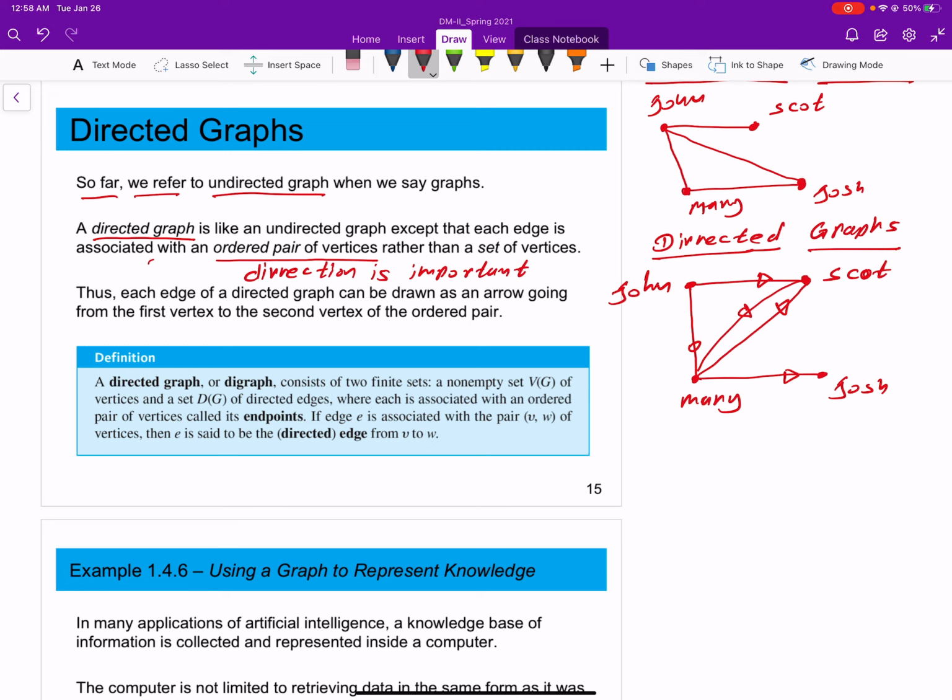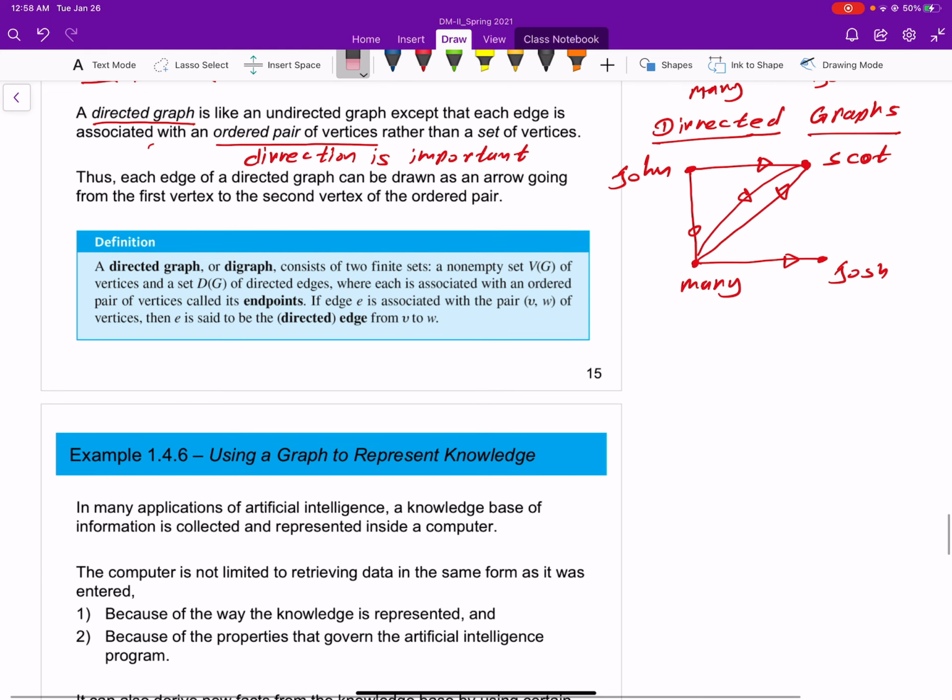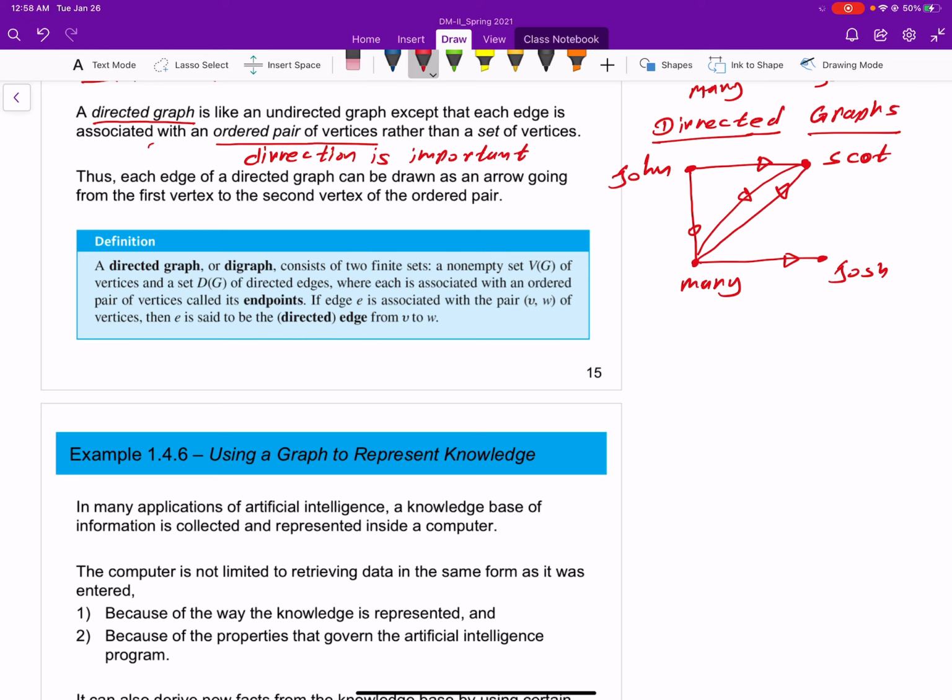Thus, each edge of a directed graph can be drawn as an arrow going from the first vertex to the second vertex of the ordered pair. Now let's talk about directed graphs a little bit more.